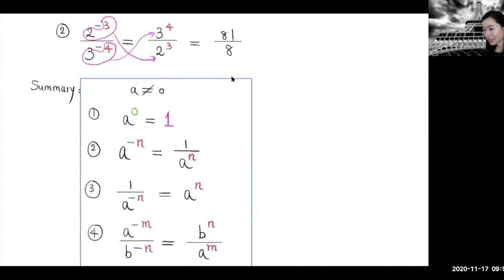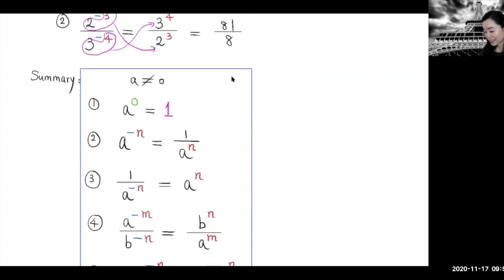And then I'll summarize everything here. Today, for non-zero a, a to the 0 power is 1, right? You got to discover that. A to the negative m power is 1 over a to the m power.